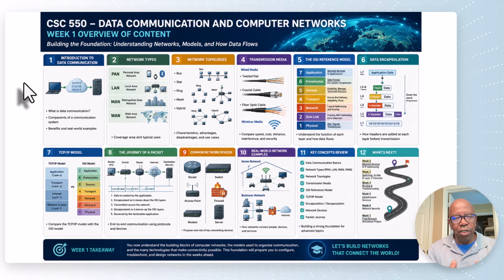I want you to get the context of how what we're talking about fits into the entire picture of network communications. There's going to be some information that you're not going to see on the homework or on the quiz, but it's necessary so you'll be aware of where this particular piece of information fits into the big picture. Okay, with that, let's go ahead and get started.